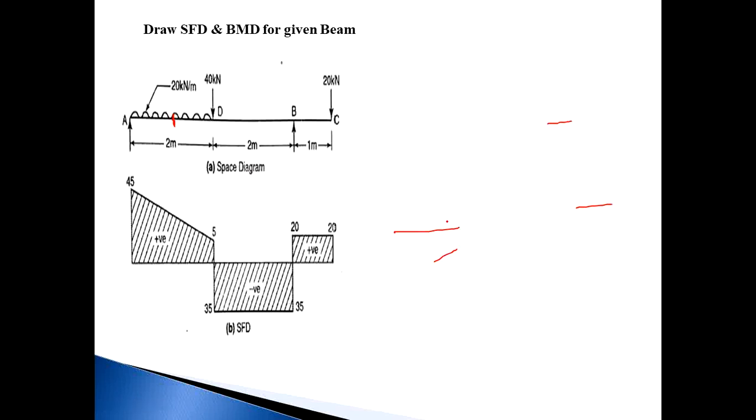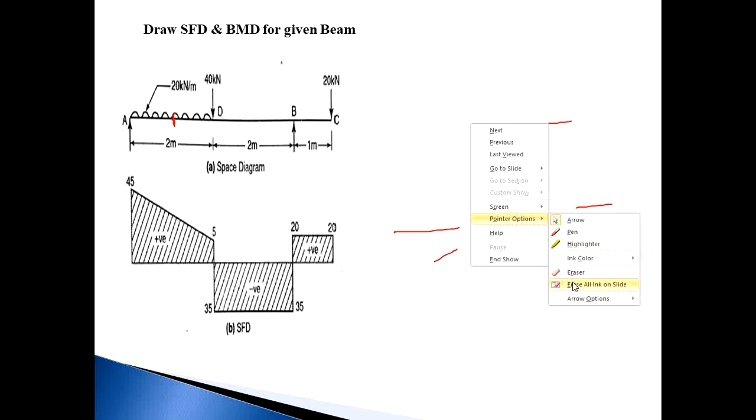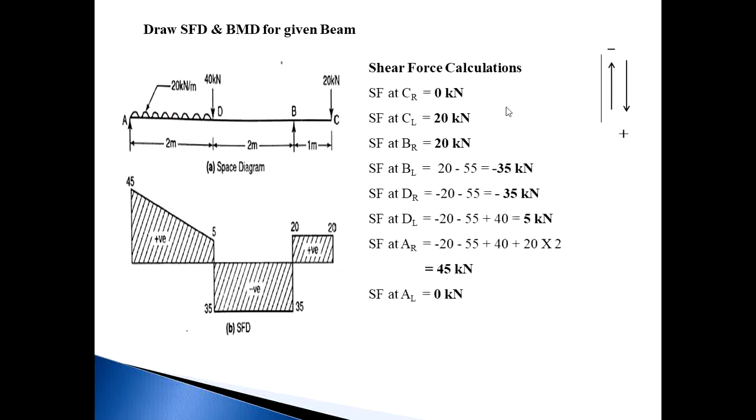Then next, shear force calculation. First consider the sign convention: considering the right side, upward force is minus and downward force is plus. Starting with point C, and as we already discussed, every point has two shear force values, right and left.